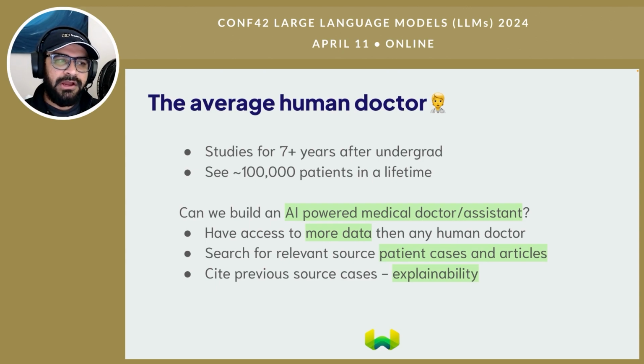So if it's using a couple of patients to learn from about that disease and then diagnosing a new patient, it has to be able to cite that these are the two patients that I read their history and I saw how they were diagnosed, and I'm using those to propose a new diagnosis. Right? So the system has to be fully explainable, otherwise it's not going to be used in the medical industry.